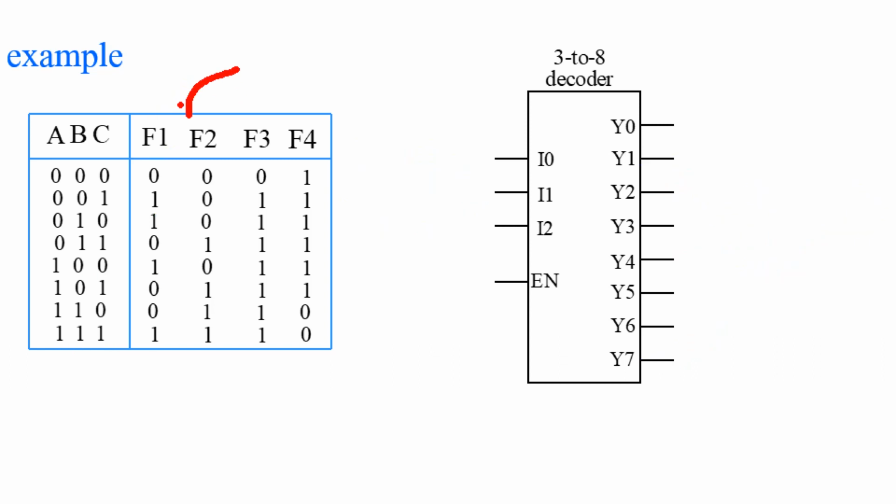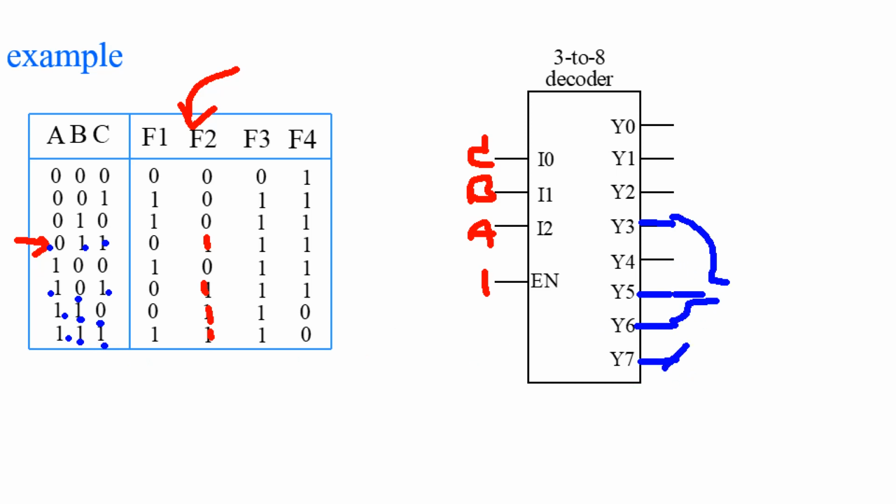How about F2? For F2 also, you connect A, B, C to I2, I1, I0 and apply enable as 1. So when you apply 0 1 1, Y3 is active, 1 0 1 Y5 is active, 1 1 0 Y6 is active, 1 1 1 Y7 is active, and then you combine all these terms to complete the function.